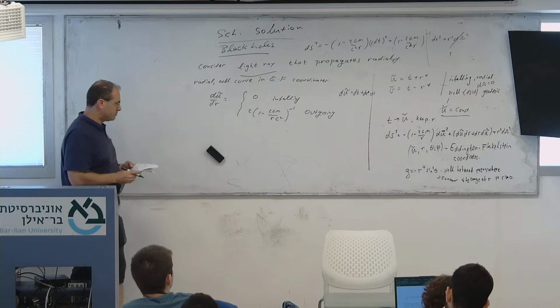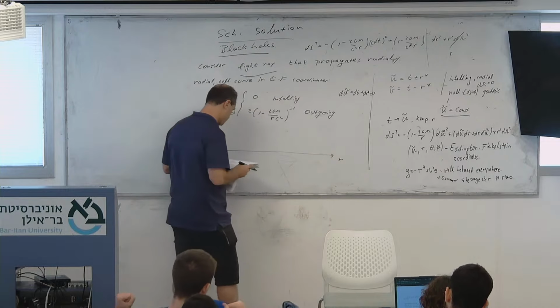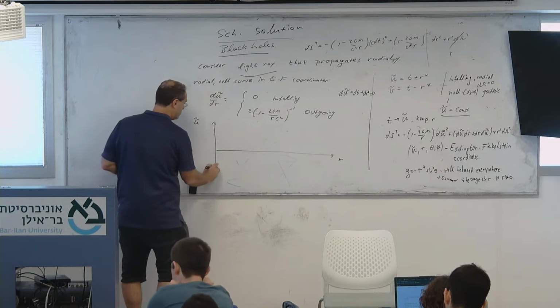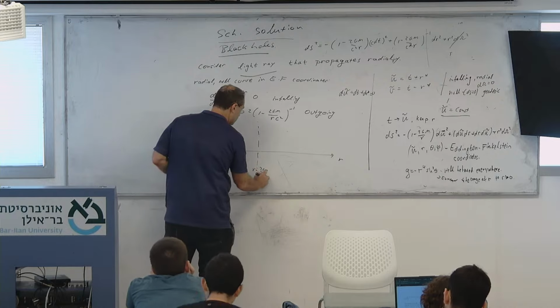Let's draw the light cones in these coordinates. Coordinates are r and u tilde. We have r equal to 0 here. Let's say this would be r equal to 2GM over c squared.